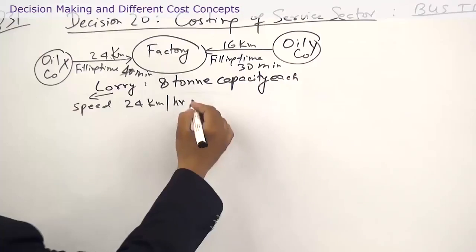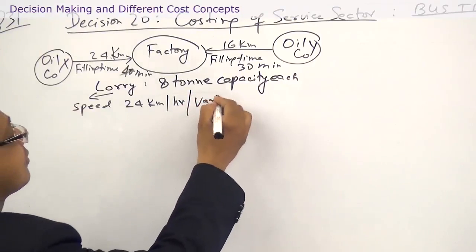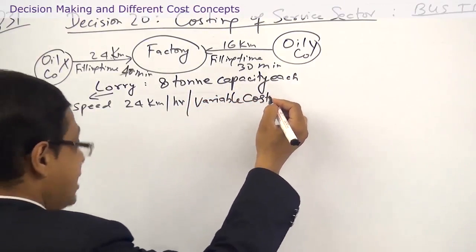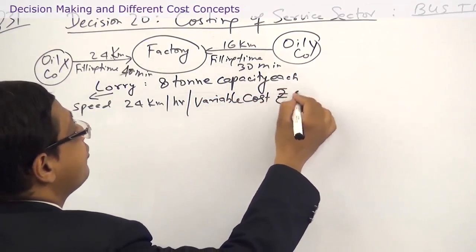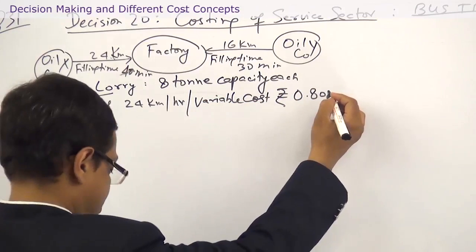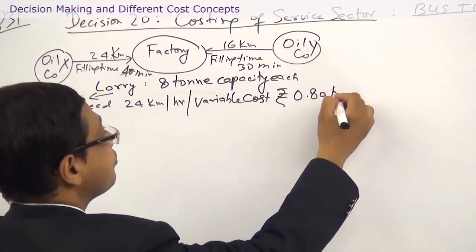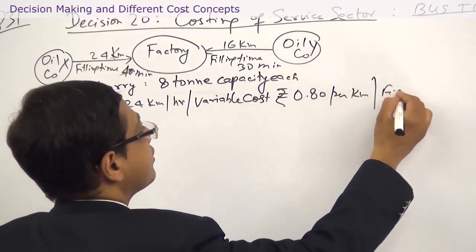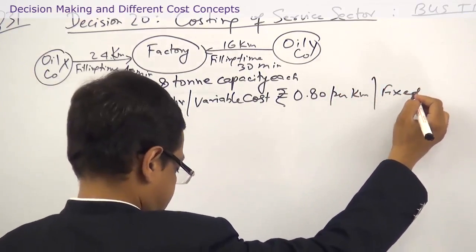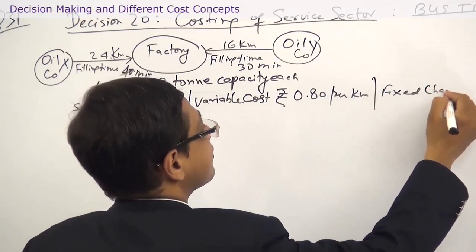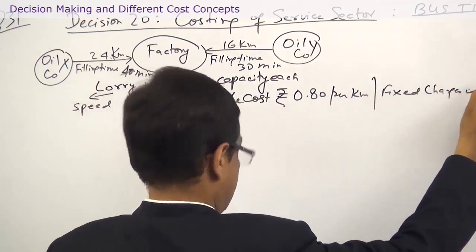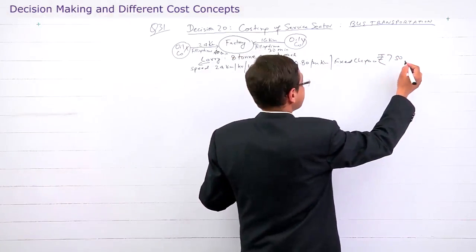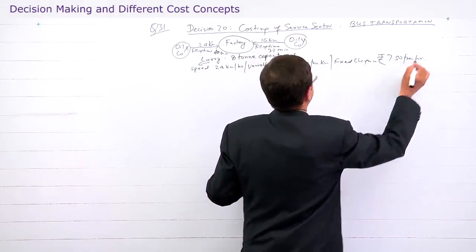The variable operating cost averages 80 paise per kilometer covered, and fixed charges give an incidence of rupees 7.5 per hour of operation. So, the variable cost is at the rate of 80 paise, rupees 0.8 per kilometer, and the fixed charge is rupees 7.5 per hour.